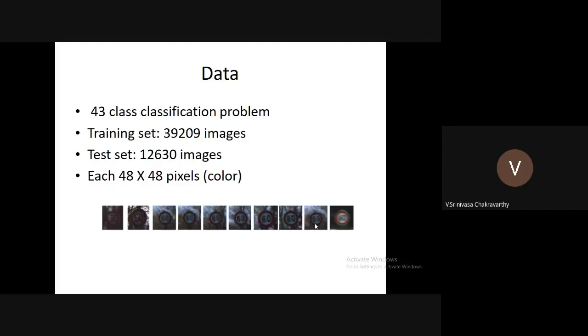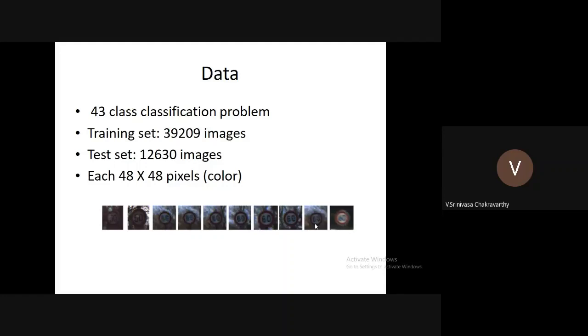Even for a human reader, this is quite hard, because you should not only recognize that it's a speed sign, you should also say that it is a 60 kilometer speed sign or a 50 kilometer speed sign. So the class is very specific, and classes are not organized as a tree structure or anything. So it's quite a hard problem. This is the kind of problem you will encounter in, for example, a driverless car.